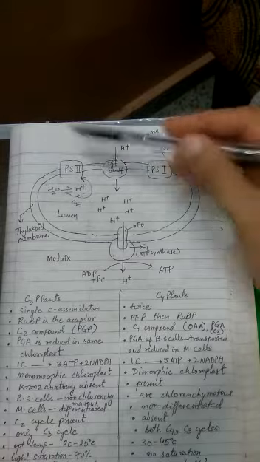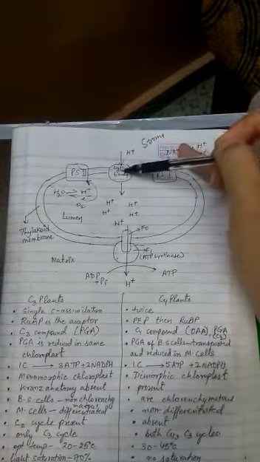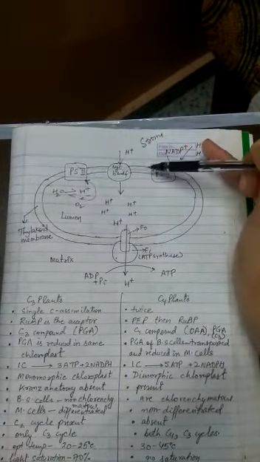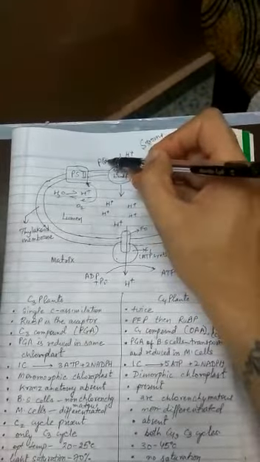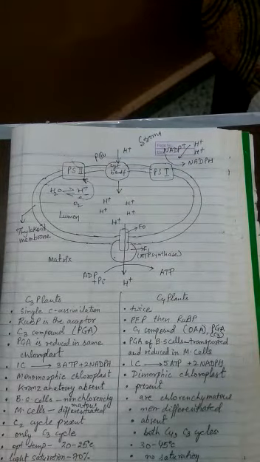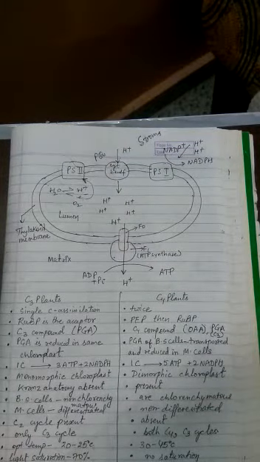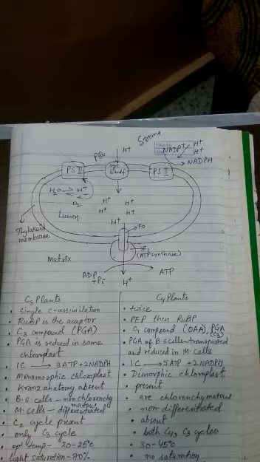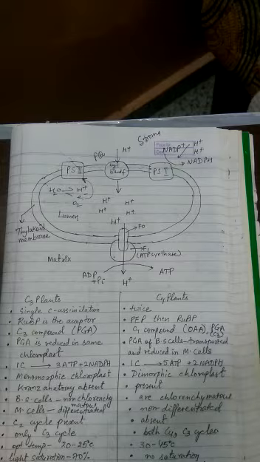Second point, electrons from here are transferred to the electron transport chain, but some of the members of this chain, for example plastoquinone, are hydrogen acceptors. Plastoquinone is not an electron acceptor. So whenever an electron reaches it, it will pick up H plus from the stroma side, causing the stroma to lose H plus.